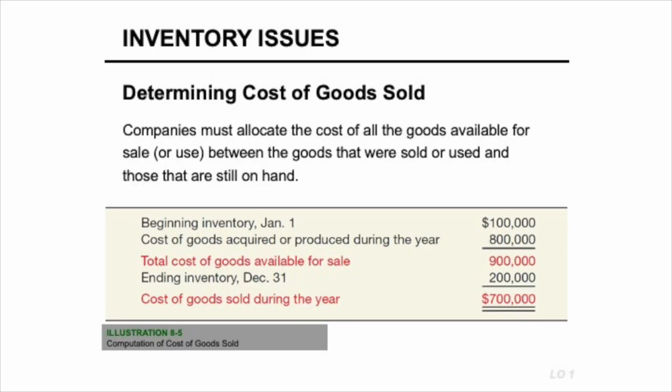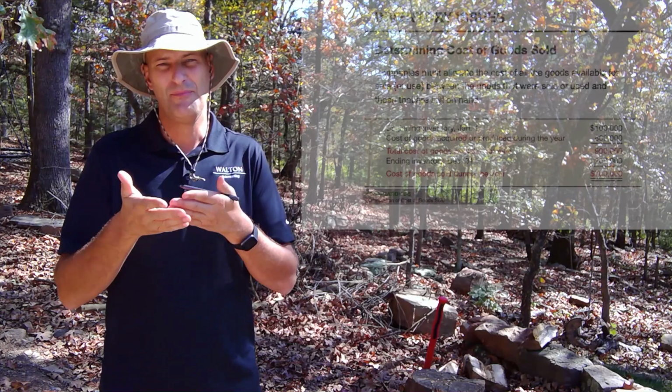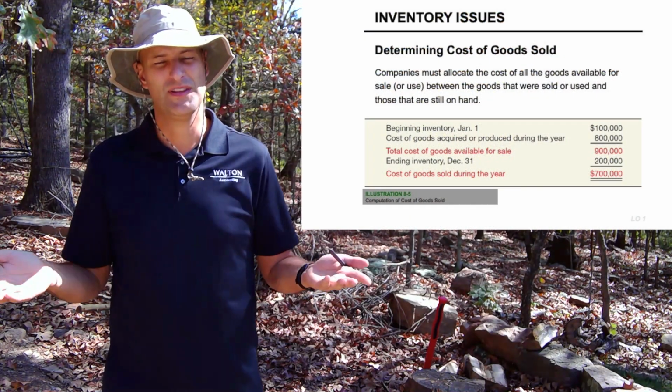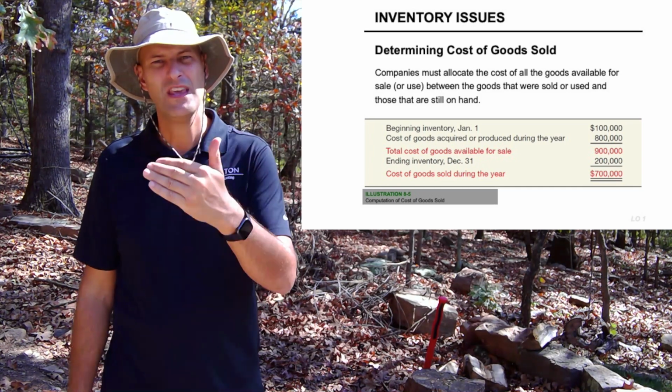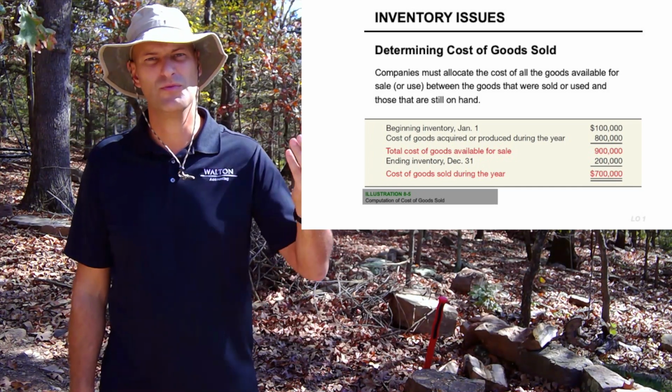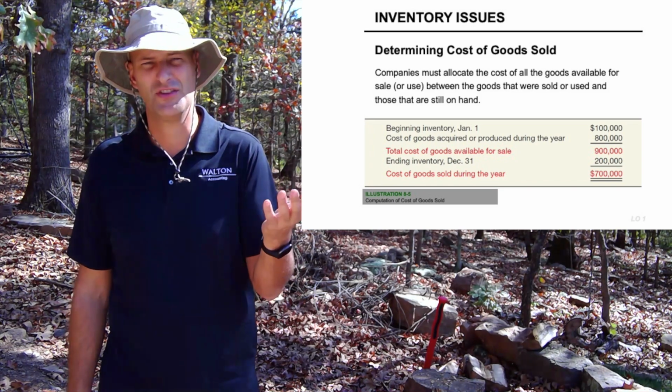So now, determining cost of goods sold. We already worked through the periodic calculation. So companies have to allocate all the costs of the inventory to cost of goods sold when it is sold. They do that in a periodic system by doing this basic calculation where you have beginning inventory plus the purchases gives you the goods available for sale, or the cost of the goods available for sale.